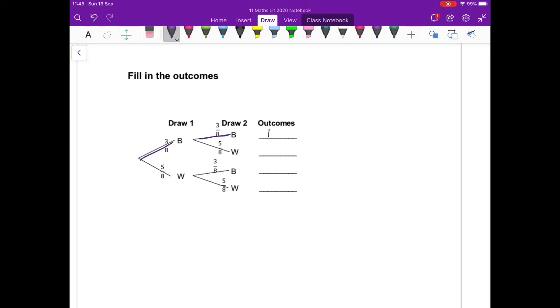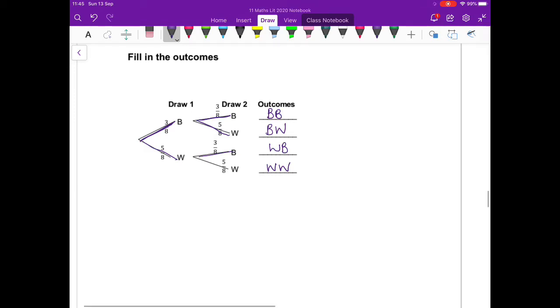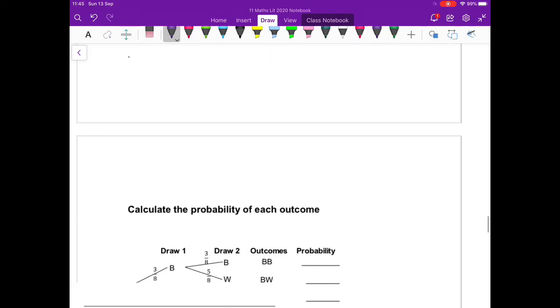So my outcome is going to be black, black. Or I could have black, white, or white, black, or white, white.